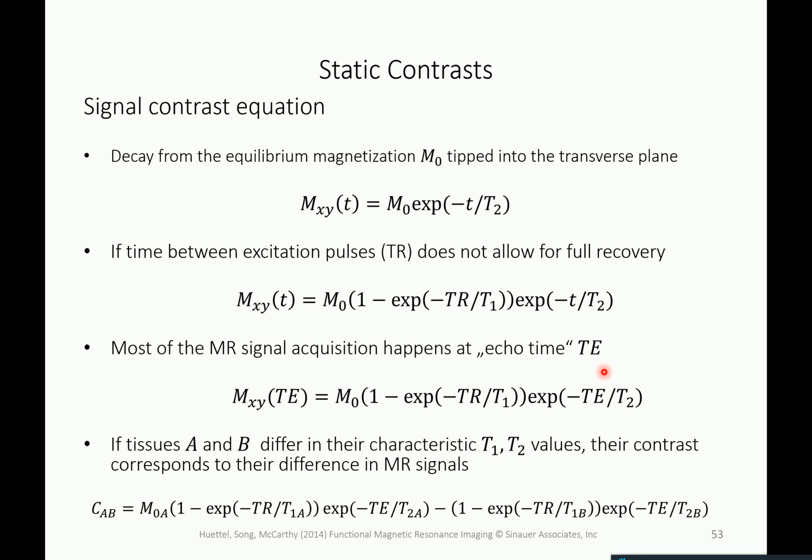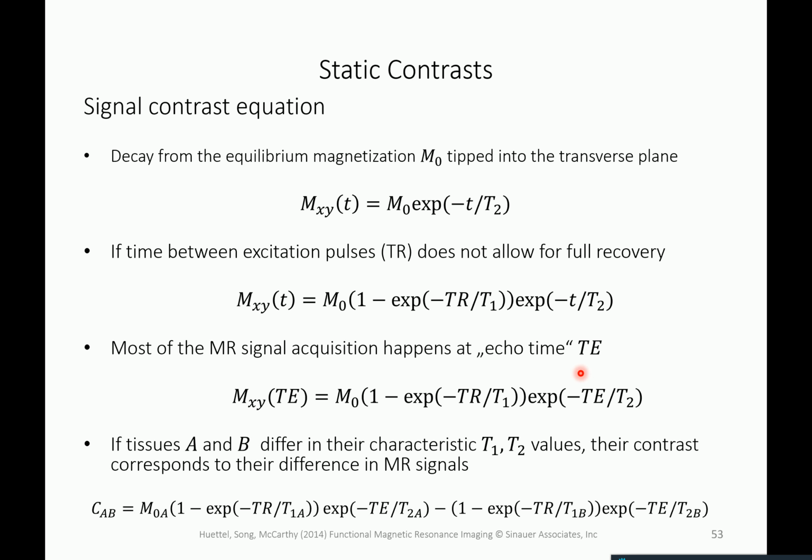That's when echo time is. And that means that the signal at echo time is, so this was the signal in the transverse plane at time t, and the signal at echo time then is at what is called TE. So this describes all time points after excitation. This is a single time point after excitation, namely echo time.